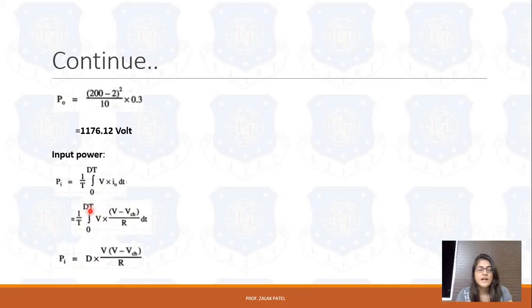So only D will remain, and V into V minus Vch upon R. We have all the values: duty cycle is 30%, voltage value is 200, VCH chopper drop is 2 volt, and resistance is 10 ohm. If we put all these values in the input power equation, it will be 0.3 into 200 into 200 minus 2 upon 10, so it will be 1188. So this is our input power.